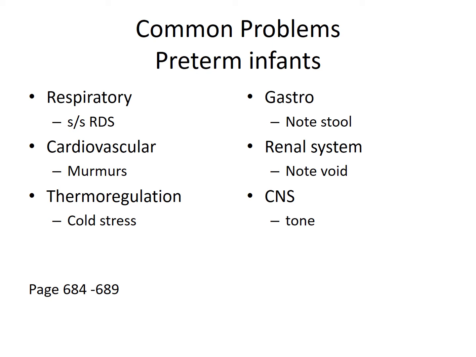Central nervous system: there is a lack of muscle contraction to conserve the heat. Again, we're worried about babies being cold, and immaturity and flaccid. I'd like you all to pay attention to pages 684 through 689, table 25.7, box 25.4, and table 25.9.